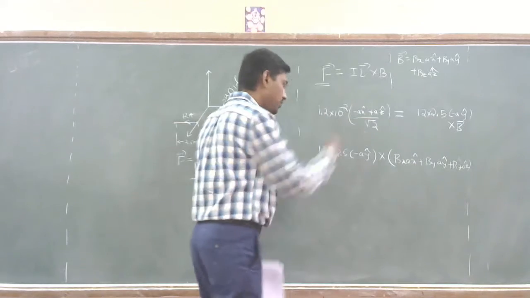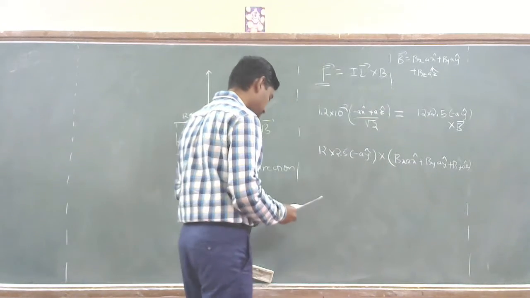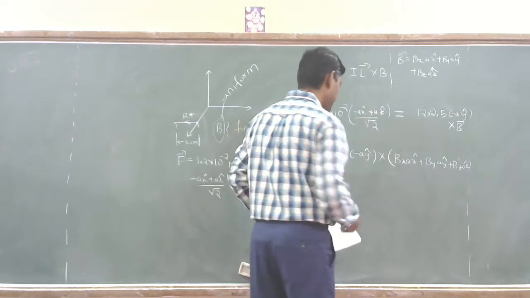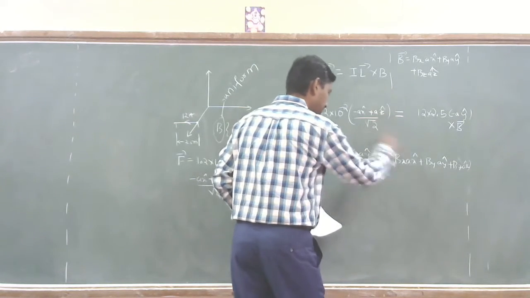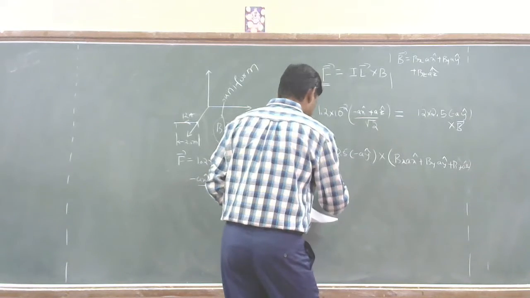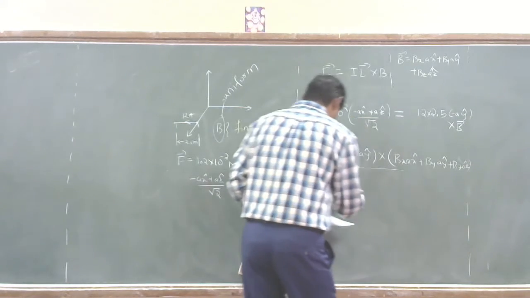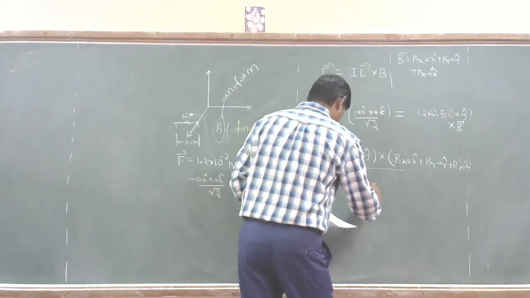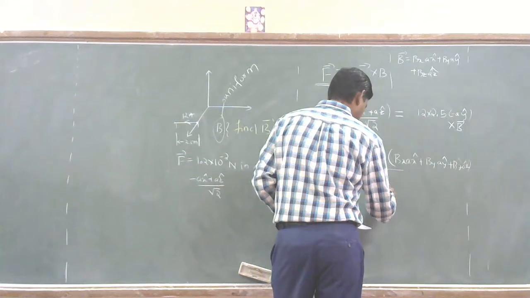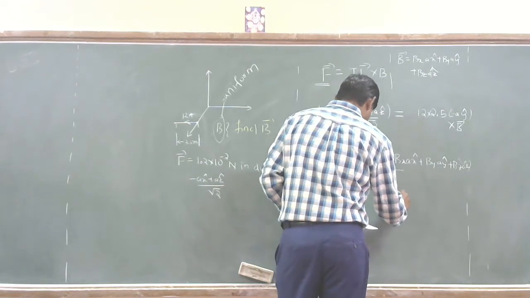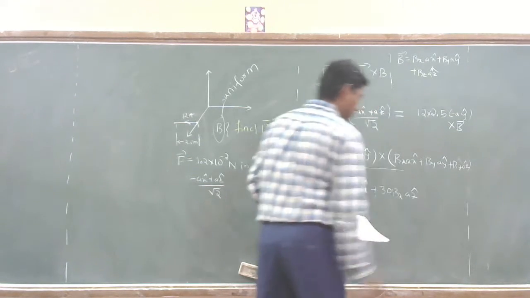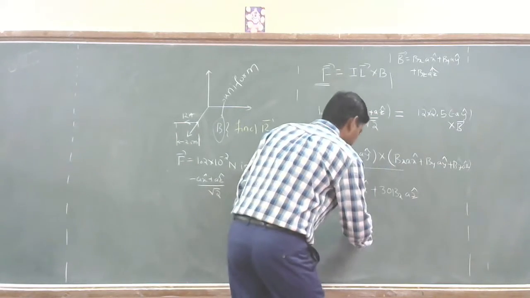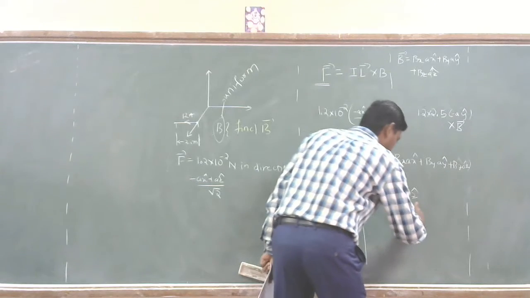So you can really check this cross product. So I write down this answer. We get the cross product result as minus 30 Bz ax hat plus 30 Bx az hat.